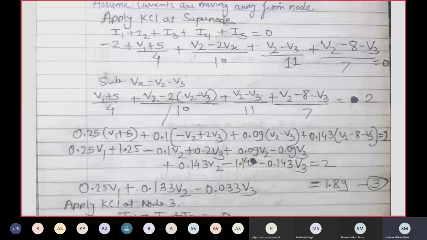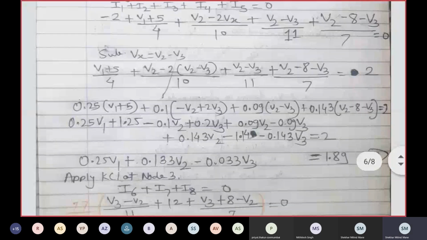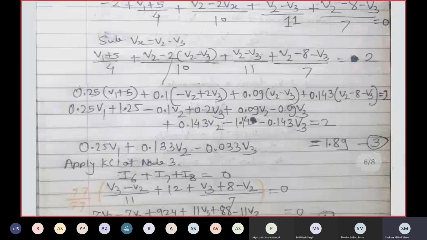So after simplification of this, I'll get this equation number 3, that is 0.25 V1 plus 0.133 V2 minus 0.033 V3 is equal to 1.89. This equation I get from applying KCL at the super node.